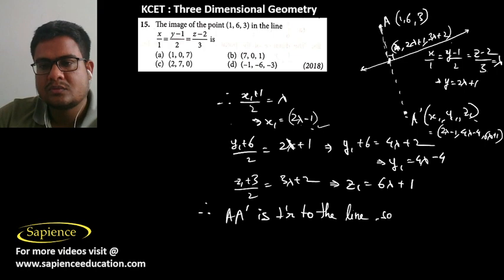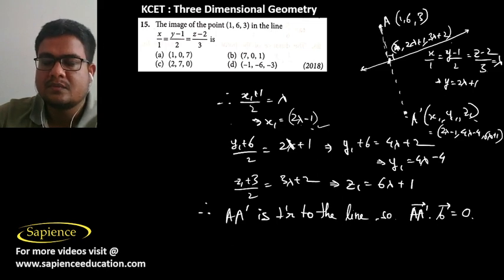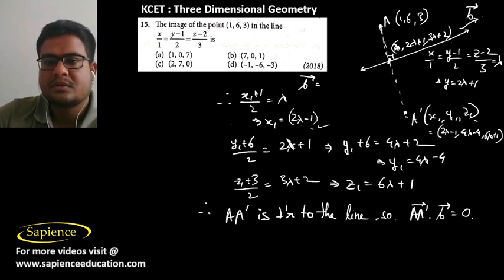So you can say that the AA dash vector dot the b vector should be equal to 0, where b vector is the vector along the direction ratios of the line. So b vector is i cap plus 2j cap plus 3k cap.